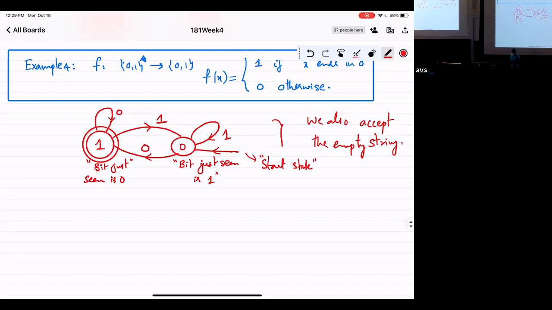Okay. So let's do a couple more examples. Sometimes it requires some ingenuity in coming up with a finite automaton. But I'd say if you face a problem like that, what you should do is try to picture what information you need to output to compute the function.